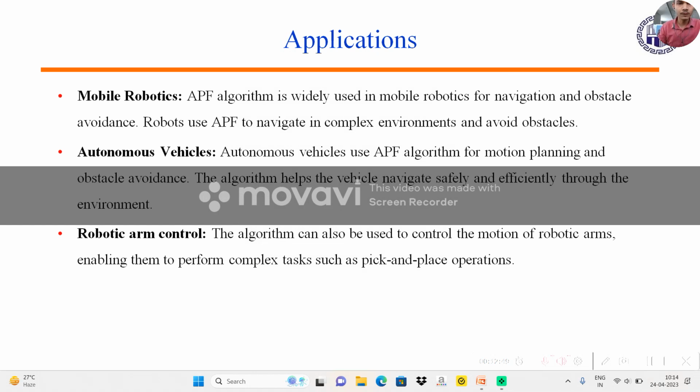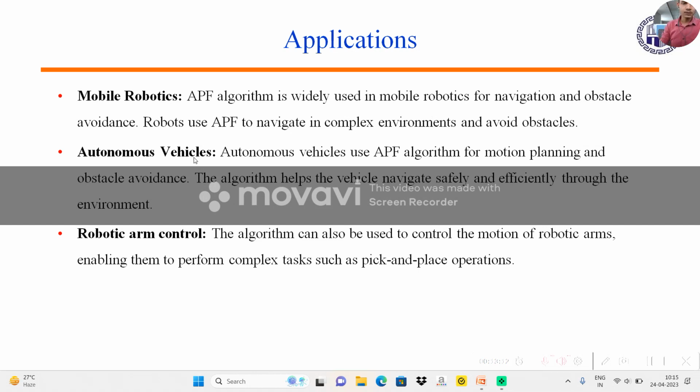These are the applications of the artificial potential field algorithm. In mobile robotics, the algorithm is widely used for navigation and obstacle avoidance. Robots use APF to navigate in complex environments and avoid obstacles.